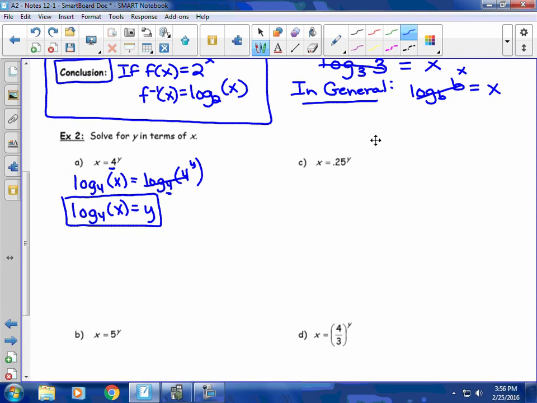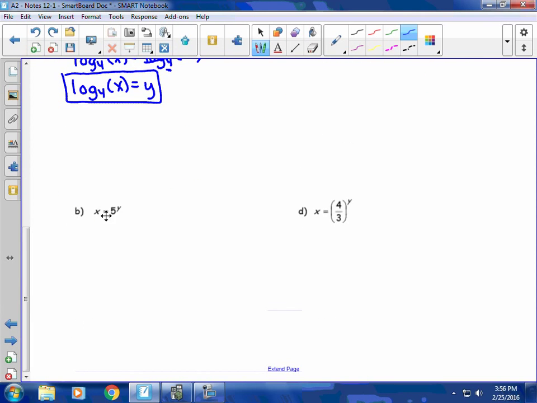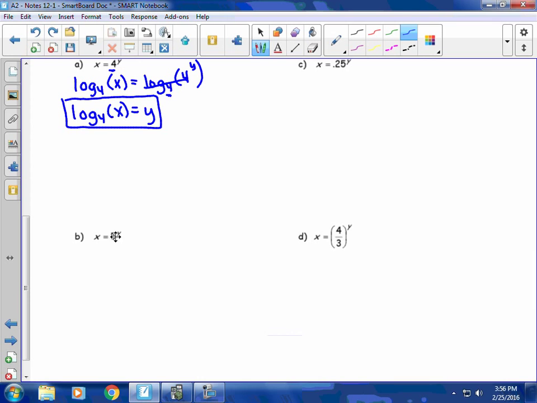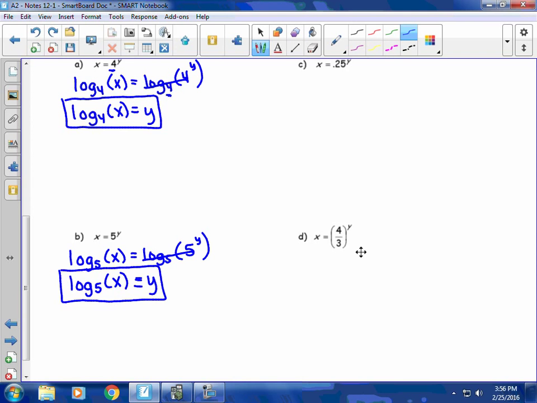Okay, so C. Well, let's go down to B. x equals 5 to the y. What would I do to both sides? Take log base 5. So log base 5 of x equals log base 5 of 5 to the y. The log base 5 and the 5 cancel, leaving me with log base 5 of x equals y. That's my answer.